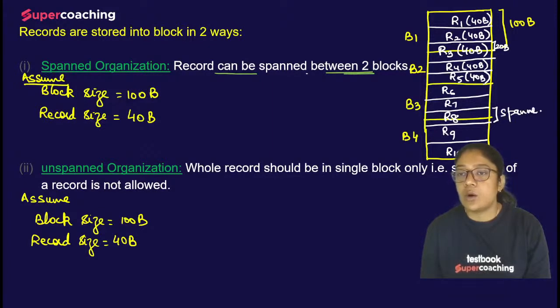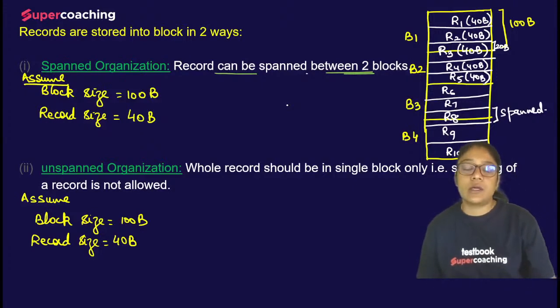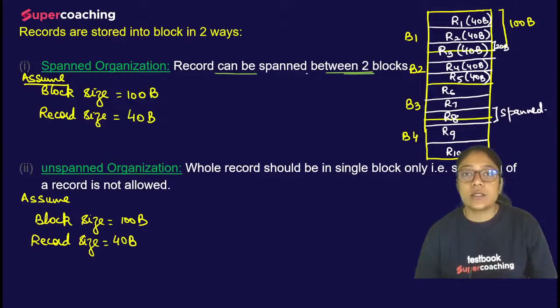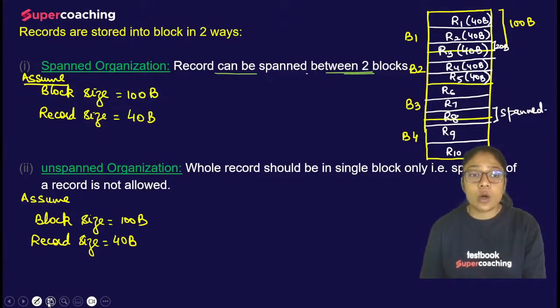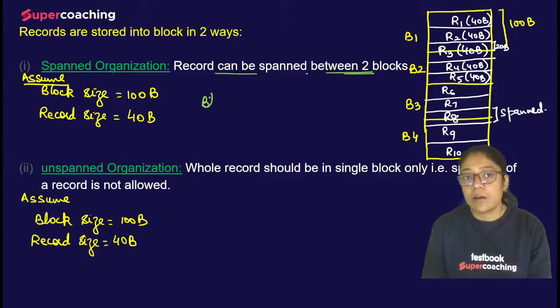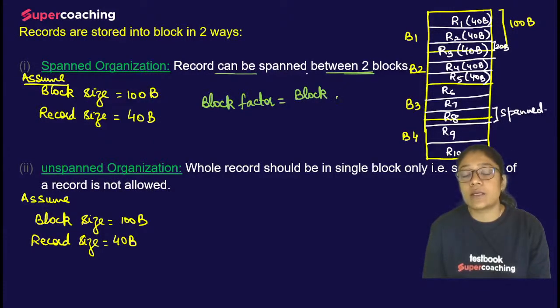This is spanned organization. So if we have to calculate the block factor, it simply represents how many records we can store in a block. So in spanned organization, block factor is nothing but block size divided by the record size.